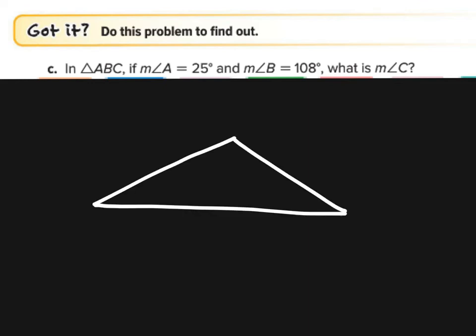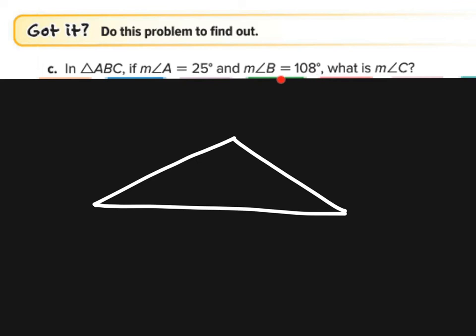Okay, if you think you got it, let's try this. In triangle ABC, if measure A equals 25 and measure B equals 108, what is measure C? So let's go ahead and draw it out. We know one of the angles is greater than 90, so it's greater than a right angle.